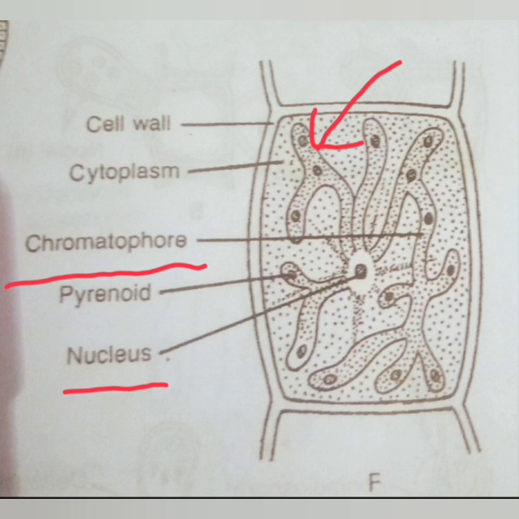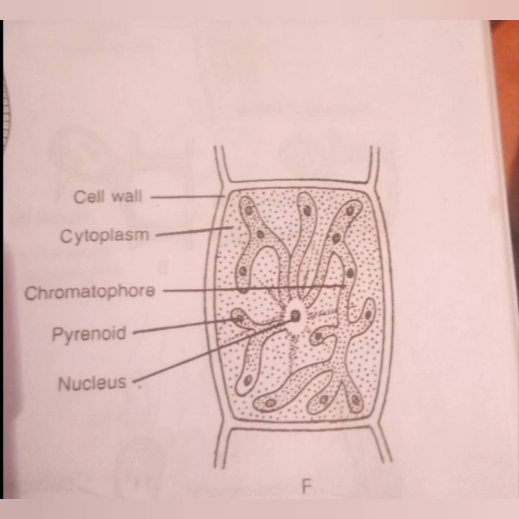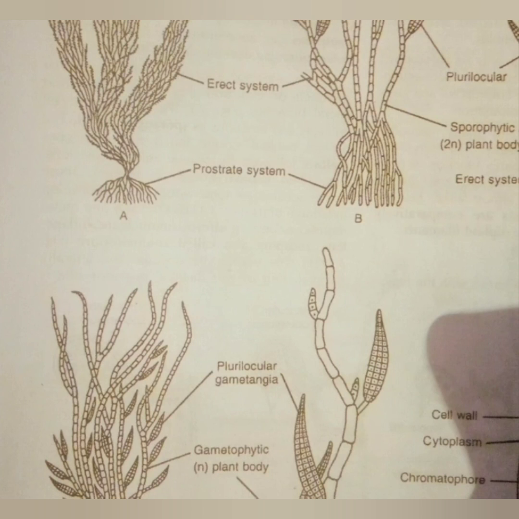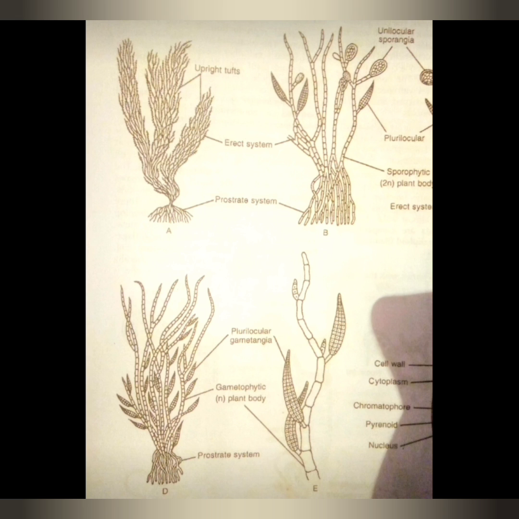And as I have already mentioned, let me show you again. If you remember, we have two types of filaments, two types of plant body. What is that? The haploid filaments and the diploid filaments.